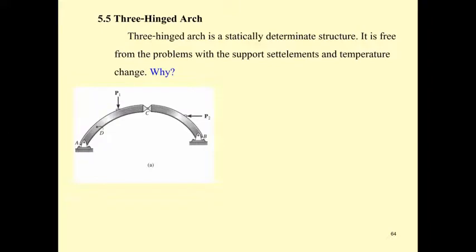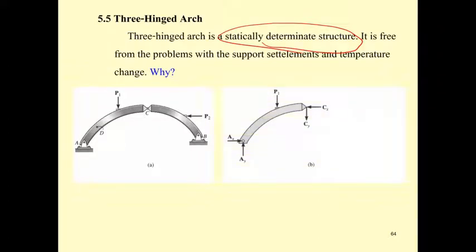Okay, we arrive at the 3 hinge arch. The 3 hinge arch is a kind of statically determinate structure, as I did mention before. And when we solve this problem, we have to separate the arch into two pieces. For this, you may have the force at A and the force at C. And then if you put the BC part and follow the third law of Newton, the force at the hinge is going to have the same magnitude but in opposite direction.